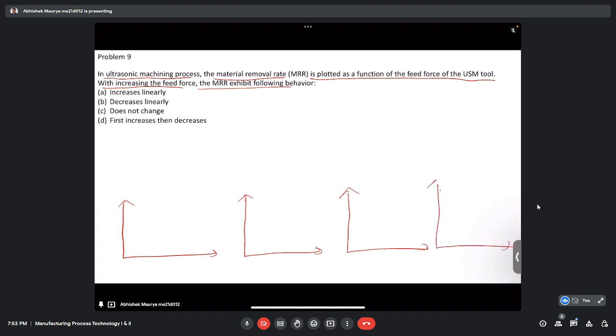For the options, I will plot MRR on the y-axis and feed force F on the x-axis. The first option is increases linearly, the second option is decreases linearly, the third option is does not change, and the fourth option is first increases then decreases.